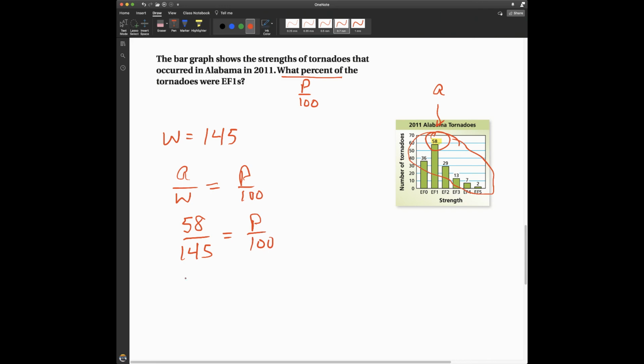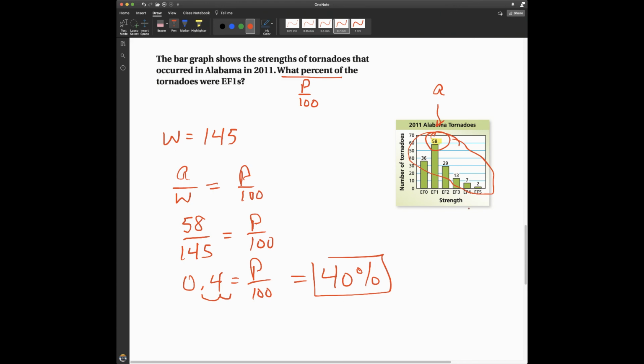And I end up with 0.4. And can you change 0.4 into a percent? How do you do that? That's right, I need to move the decimal 2 places to the right. So this is 40%. So 40% of the tornadoes were EF1s.